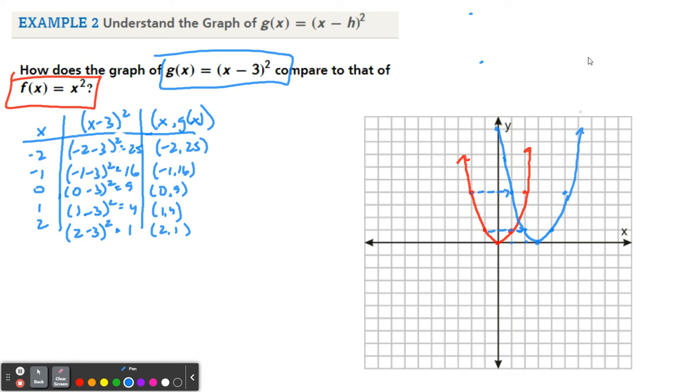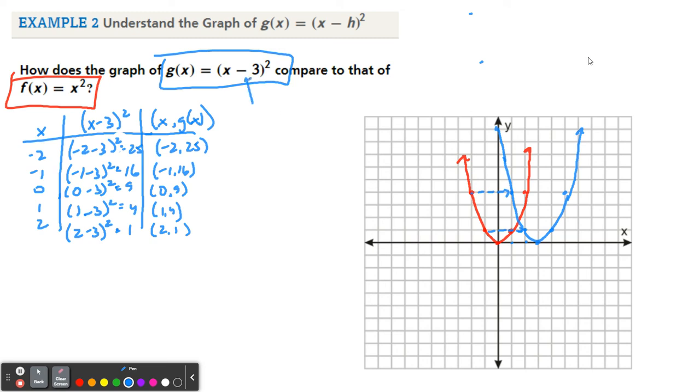And there's that parabola. So in other words, I would just continue to graph more points if I needed to, but I don't need to here because we have an idea. This red graph is shifted to the right 3 to get to the blue graph. And notice that we talked about this before. When you're doing your horizontal translations, it's always opposite of what this says.